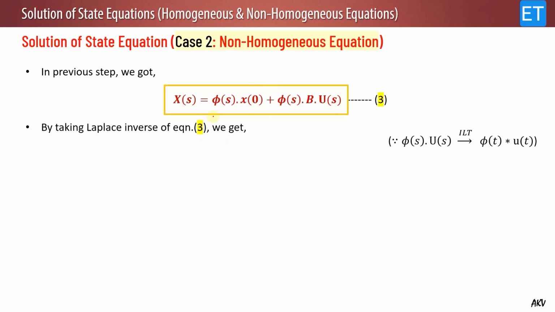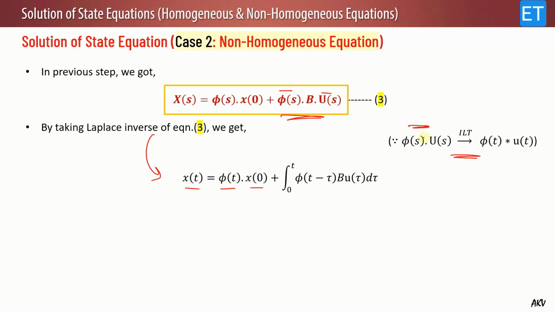And now taking the Laplace inverse of this equation, what will I achieve? X(s) becomes x(t), phi(s) becomes phi(t), x0 is x0, which is t-independent. These are the initial conditions. Now what will be the Laplace inverse of the second term? Here two expressions of s are multiplied with each other, phi(s) and U(s), and we know by the Laplace properties, by the convolution theorem, that multiplication in the frequency domain becomes convolution in the time domain.